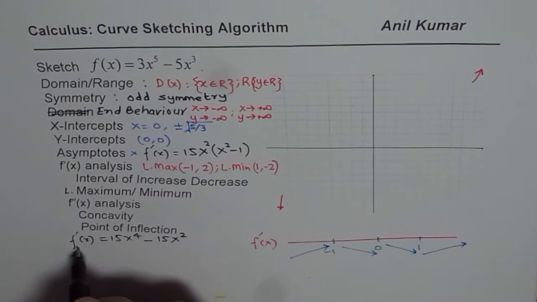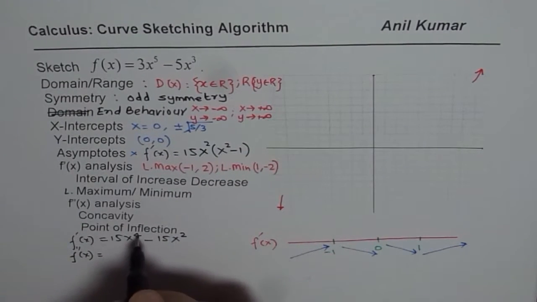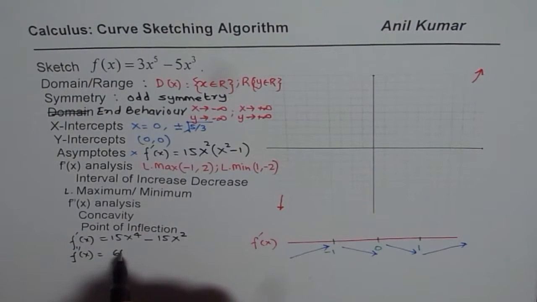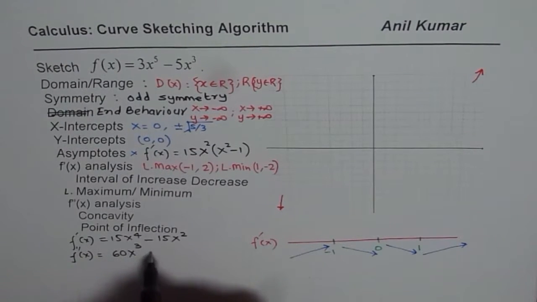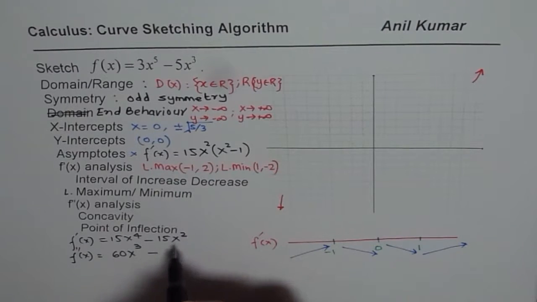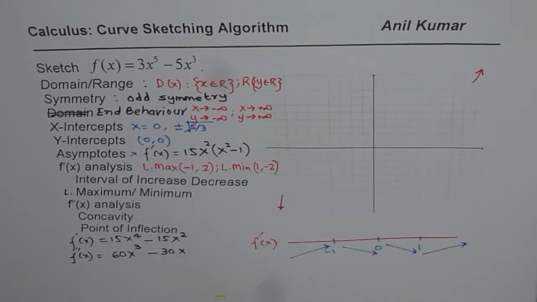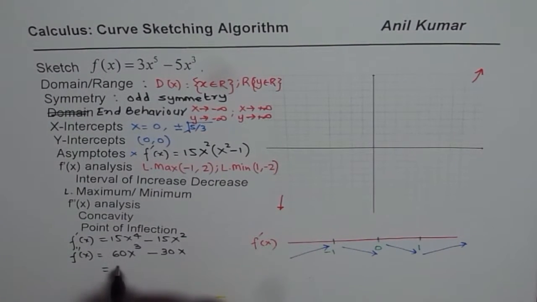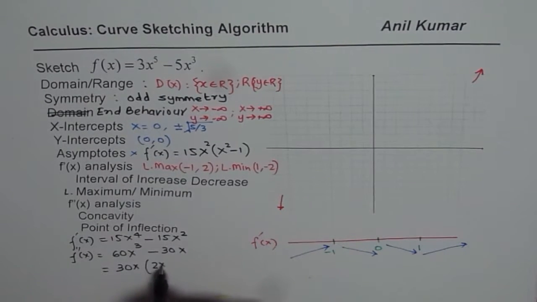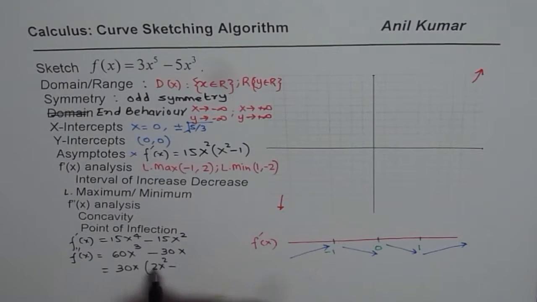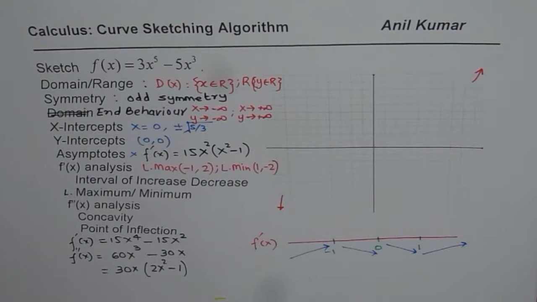The second derivative is going to be 15 times 4, which is 60x cubed, minus 15 times 2, which is 30x. So you can take 30x common. We are left with 2x squared minus 1, right? So that gives us the second derivative.